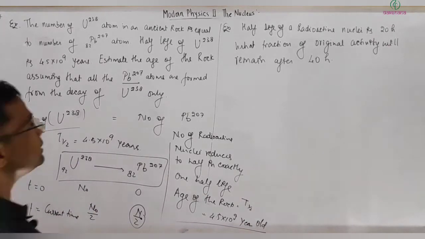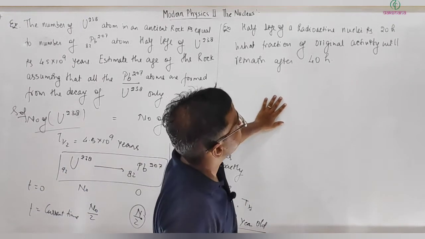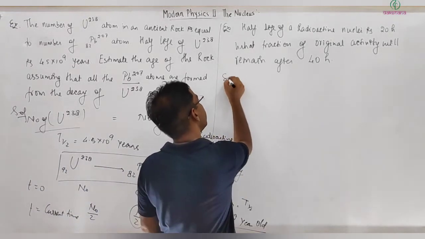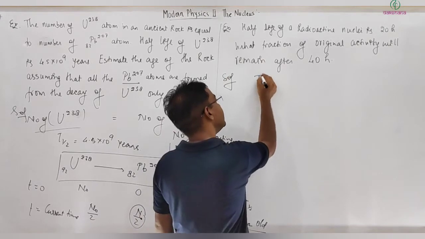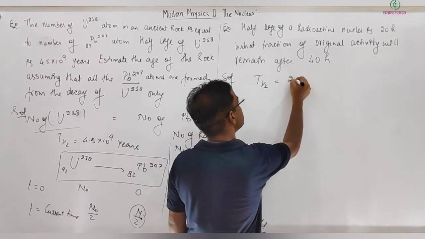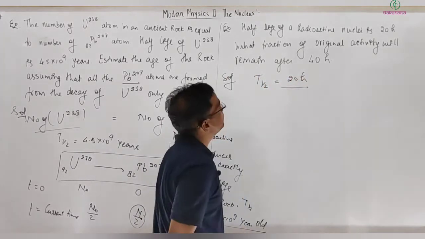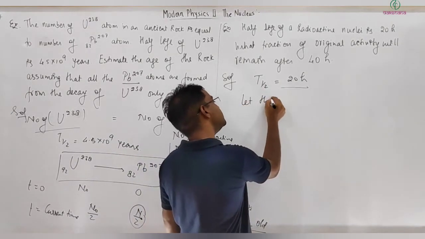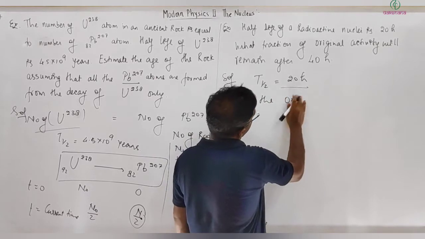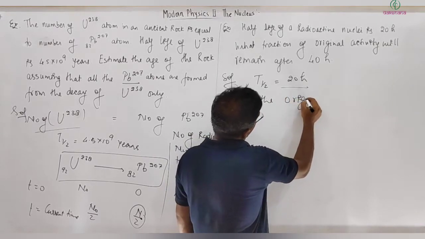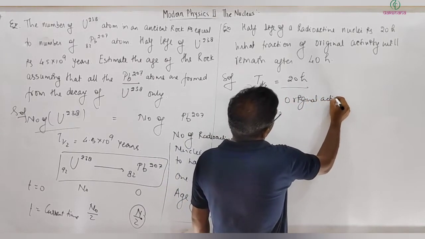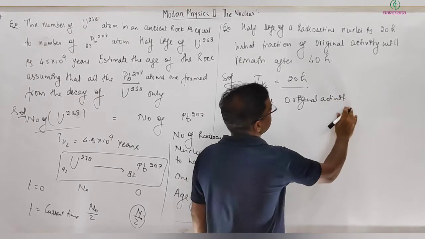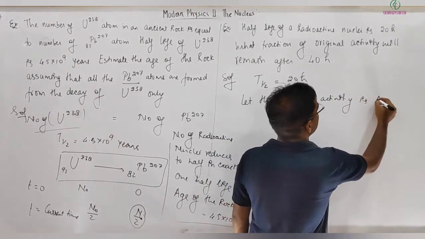Okay, another problem. Here the half-life of a radioactive nucleus is given. For some radioactive nuclei, the half-life is 20 hours, right? What fraction of the original activity, let the original activity be A naught, will remain after 40 hours?